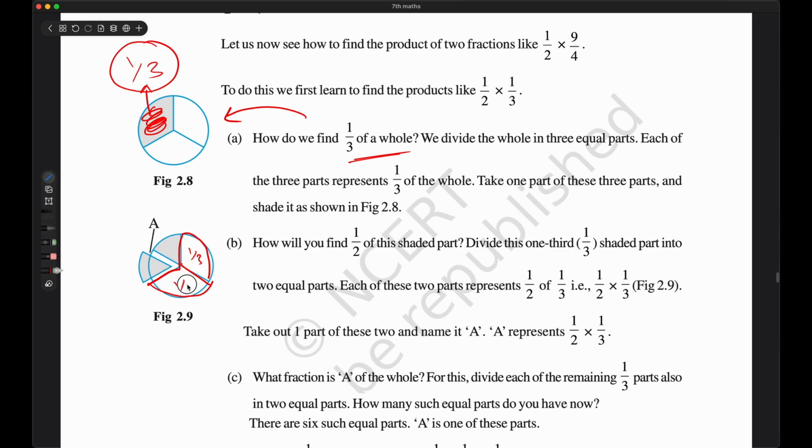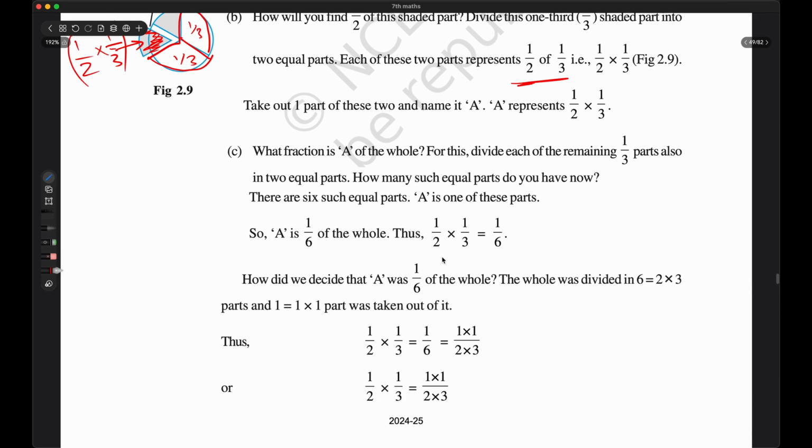This is 1 by 3, this is 1 by 3, and this is also 1 by 3. Then they have further divided 1 by 3 into halves. So this part is 1 by 2 of 1 divided by 3. They have taken half of 1 by 3, that is equal to 1 by 2 into 1 by 3, that is equal to 1 into 1 divided by 2 into 3, that is equal to 1 by 6.